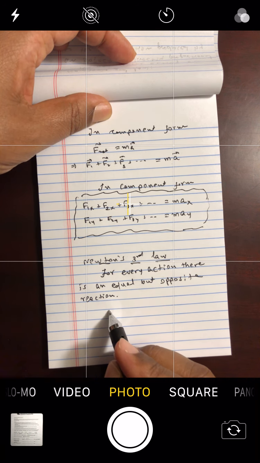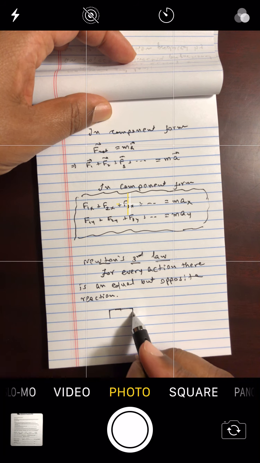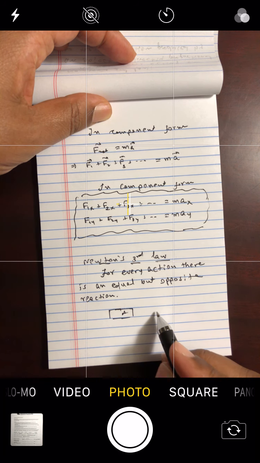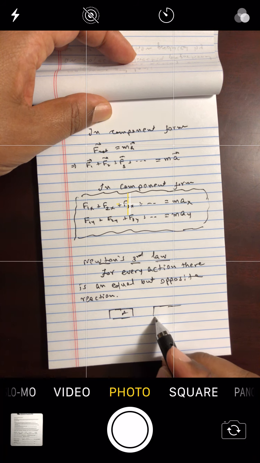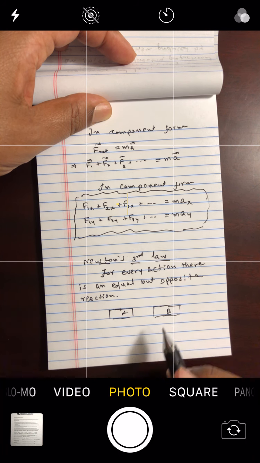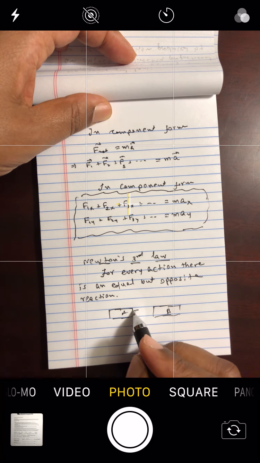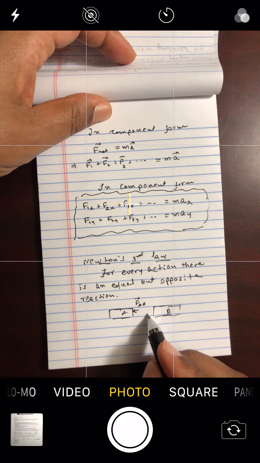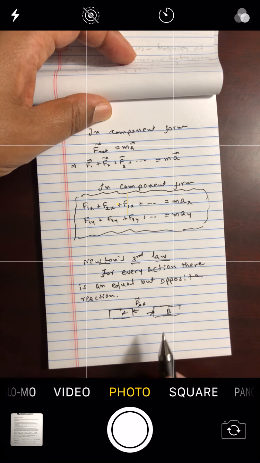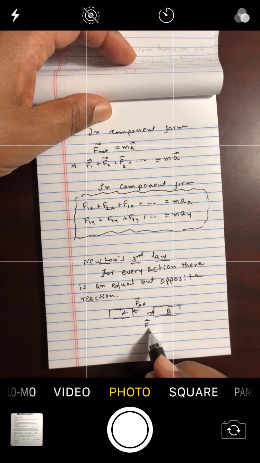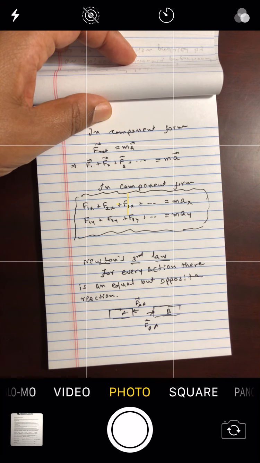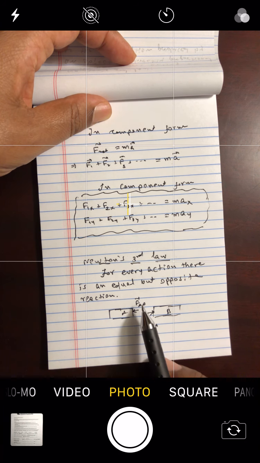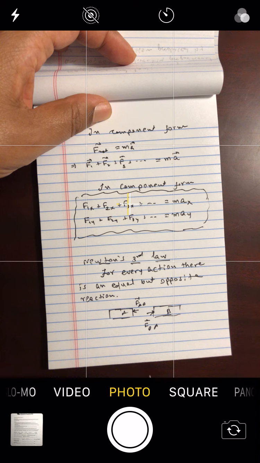For example, let's say objects A and B are colliding. Obviously B will exert a force on A. Let's call that the force exerted on A by B. Also, object A will exert a force on object B. Let's call that the force on B by object A. So what this law says is these two forces have the same magnitude but opposite direction.